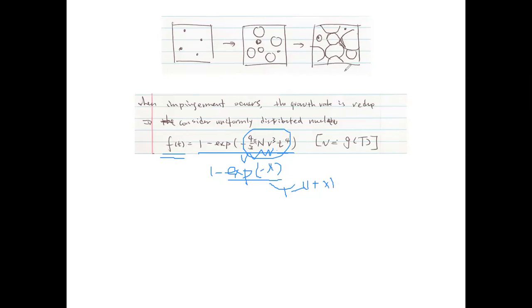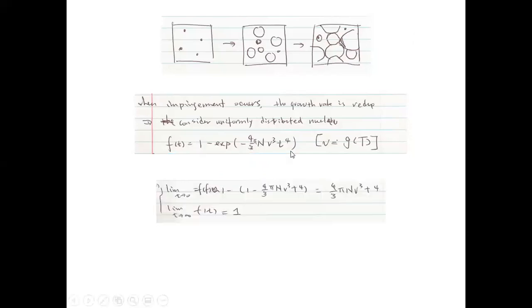This is very straightforward. Let me erase this and show the clean result. If you use that Taylor expansion, it's very straightforward that you recover the simple expression that we derived altogether from the simple geometrical analysis. So this is consistent.